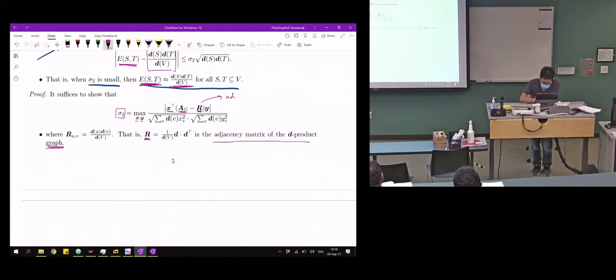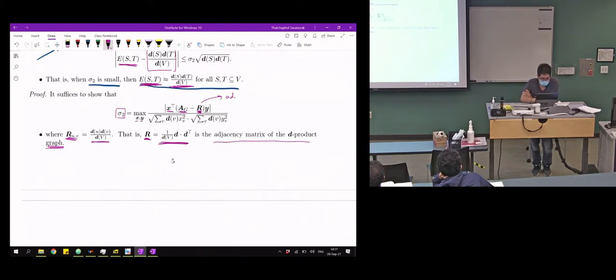The entry of R at u, v is this thing. Another way to look at this is that R is exactly this matrix.